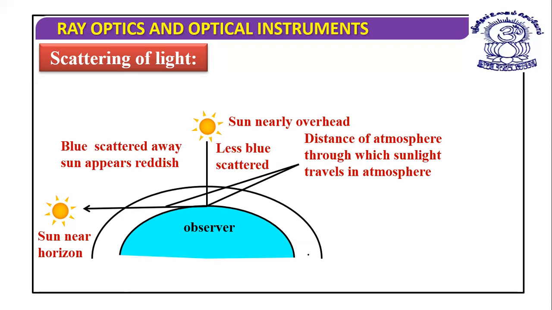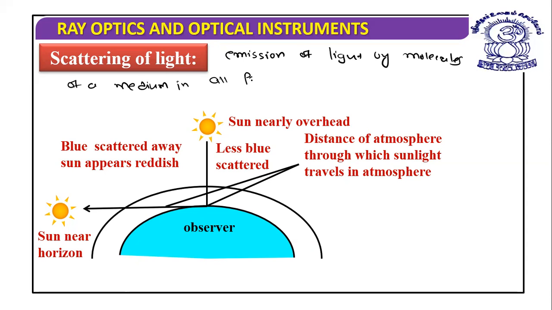Scattering is the process of emission of light by molecules of a medium in all possible directions after absorbing the incoming radiation.